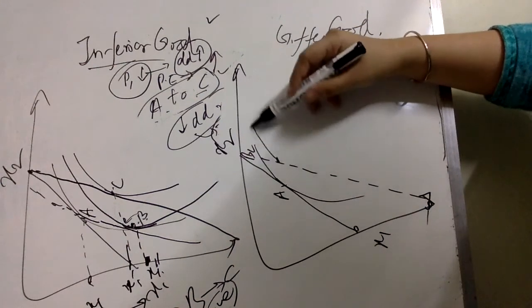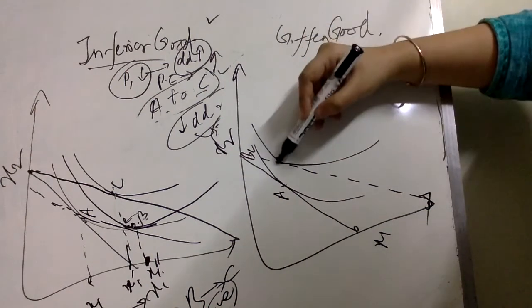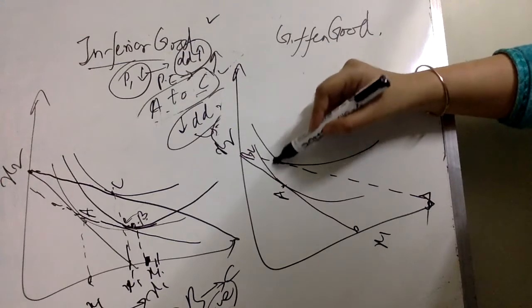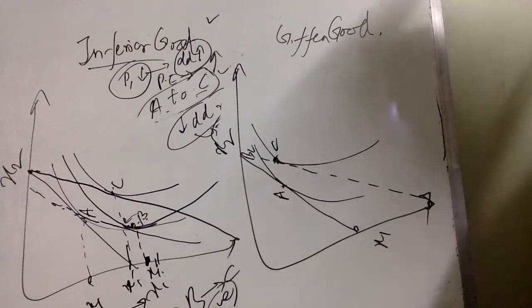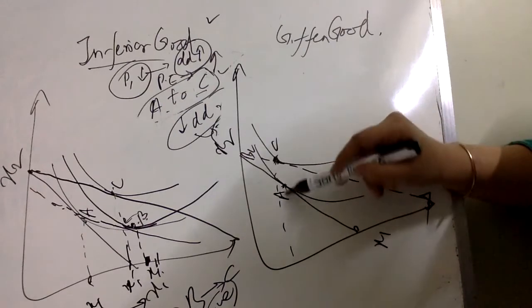We will find that in a Giffen good the ultimate effect will lead to a lower demand. So this would be a point of optimality where the ultimate consumption will actually decline.